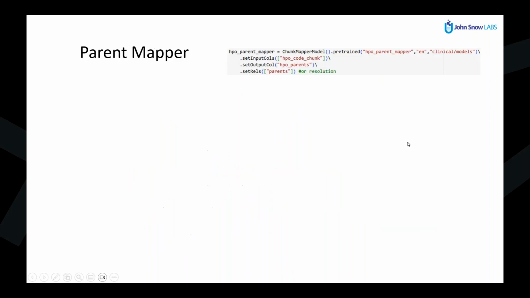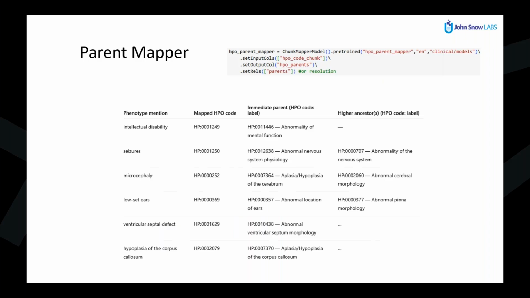And parent mapper, remember, once we have the phenotype, we can go to the parents here. This one is interesting. Let's say we get intellectual disability or seizures. This one is more detailed. You see that for seizures we have the HPO code, and the immediate parent, one level above, is abnormal nervous system physiology.